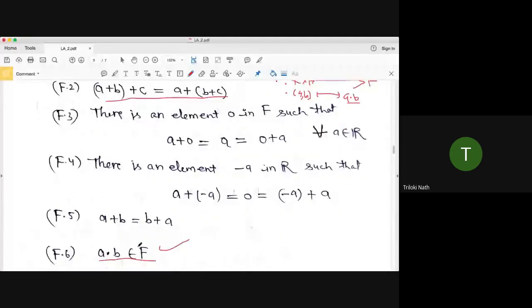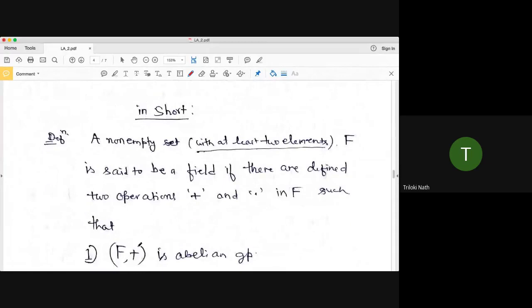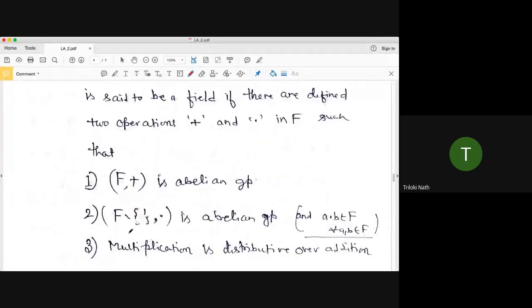With at least two elements, F is said to be a field if there are two operations, plus and dot, defined in F such that F with plus is an abelian group, and F minus 0, excluding the 0 element, with respect to multiplication is an abelian group.